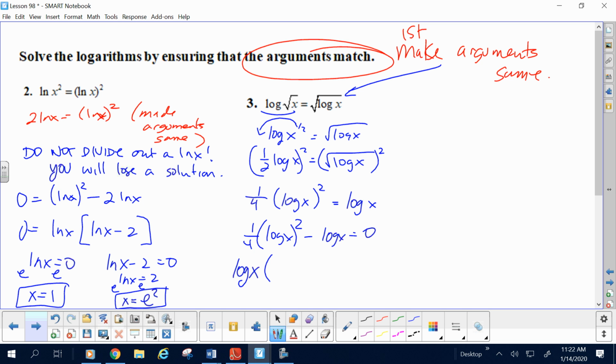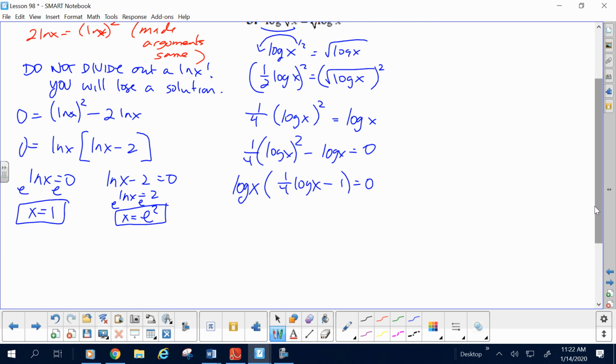When I factor out a log, what do I have? 1/4 log of x minus 1. If a times b equals 0, then either a, the first thing, has to be 0, or b, the second thing, has to be 0.